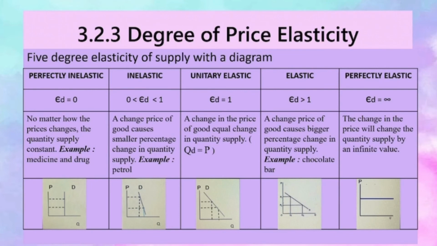The last one is perfectly elastic. ES is equal to infinity. The change in the price will change the quantity supply by an infinite value. At a certain price, the quantity supplied is infinite. If a firm increases price by 1%, all quantity supply changes, oversensitive.